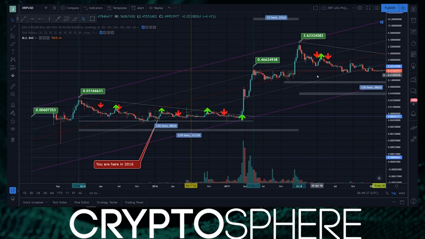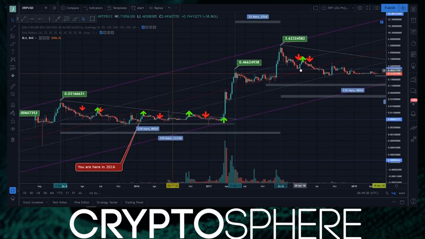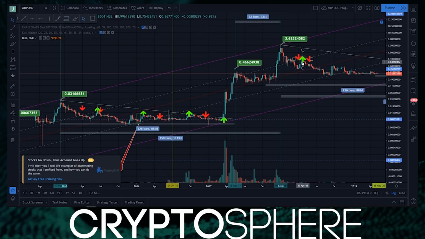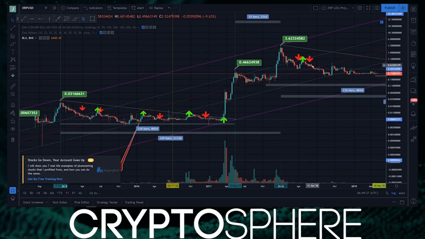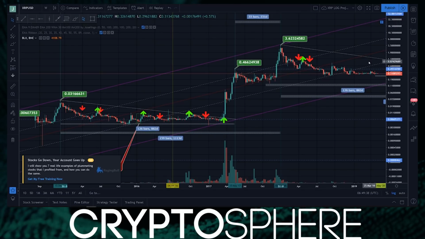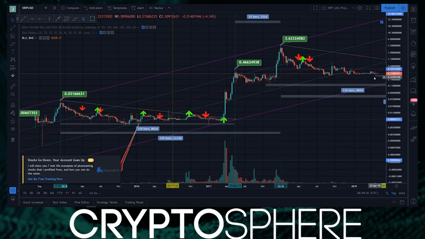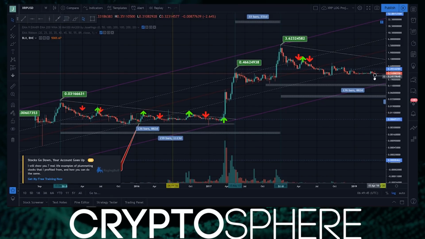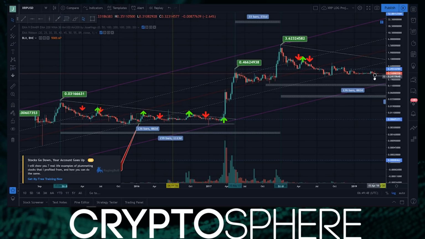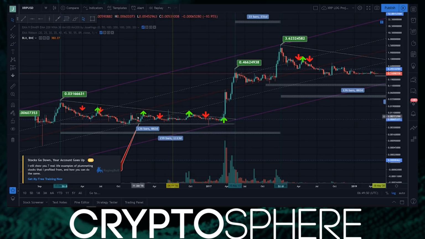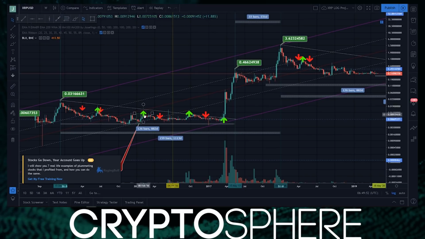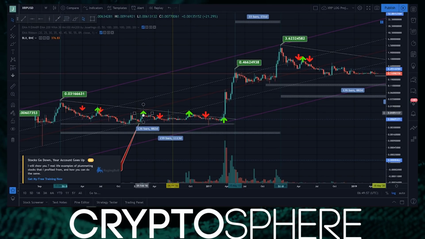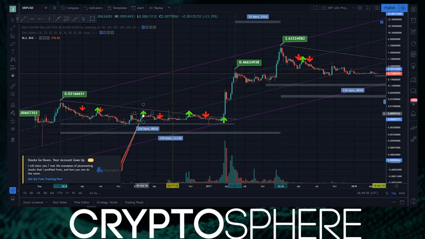But here, we had the death cross, then it came back to a golden cross, then a death cross, and then nothing after that. We have not seen XRP's golden cross yet. It's still gapped out right here. So I'm just asking, when do we see the next golden cross for XRP?